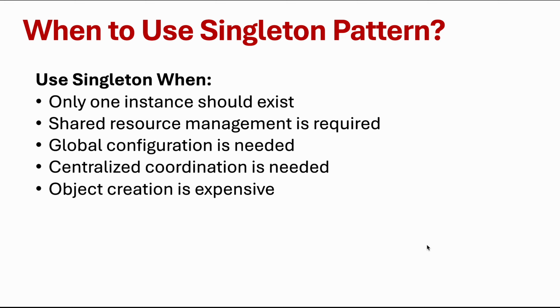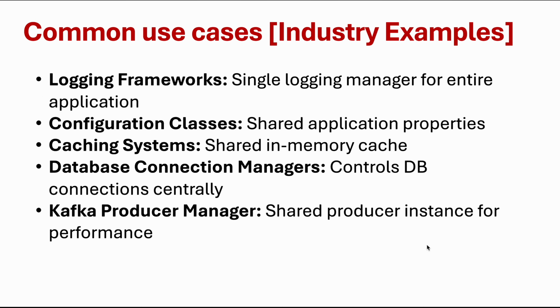Creating objects is very expensive, and there are use cases where we don't want to create objects again and again. The whole application can use a single instance. For such problem statements, we should use the singleton pattern.